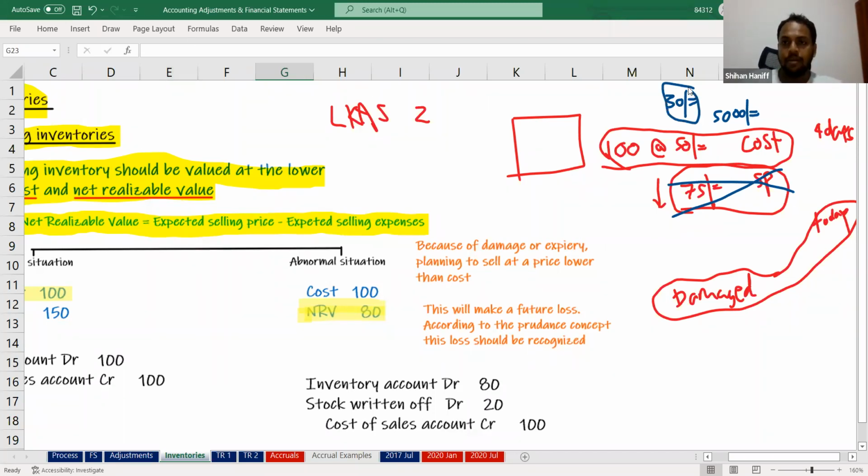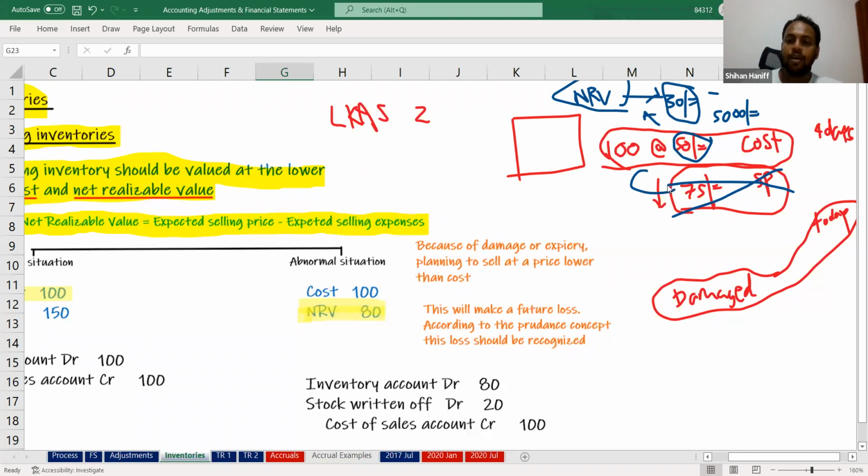This is the selling price now, this is the cost, and this is called NRV, net realizable value. If you have any selling expenses, they should be deducted from this, and you will get the net realizable value.